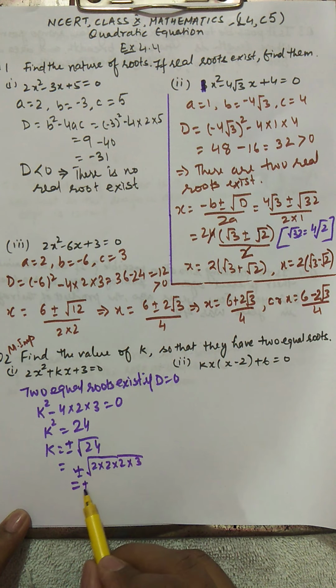So your a is 1, b is 0, and c is minus 400. So D is b square, which is 0, minus 4ac, minus 4 into 1 into minus 400. So this is going to be minus minus, it will become plus 1600. So 1600, you can see, is positive.